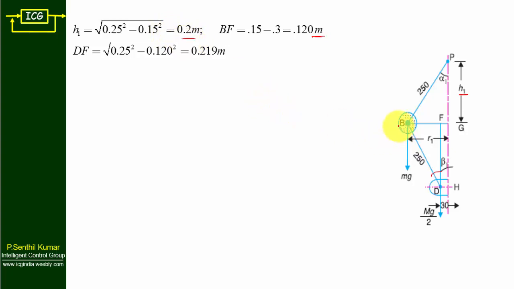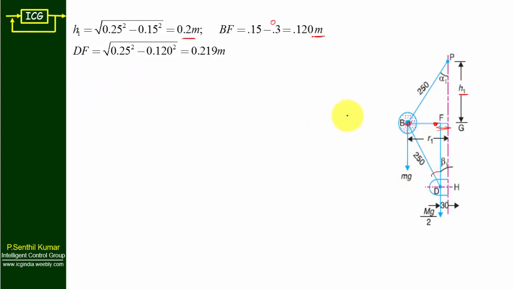Then this distance BF equals the PG distance, 150 mm or 0.15 meter, minus the offset value of 30 mm, 0.03. So this should be 0.120 meter. Again we can calculate the DF value.